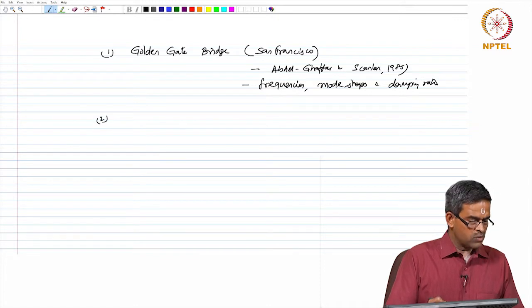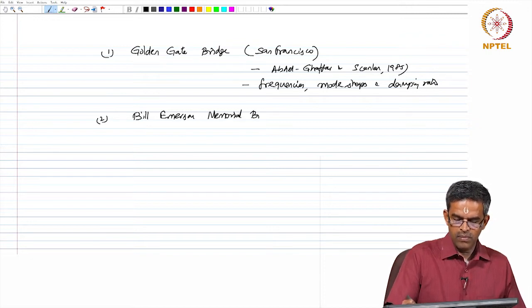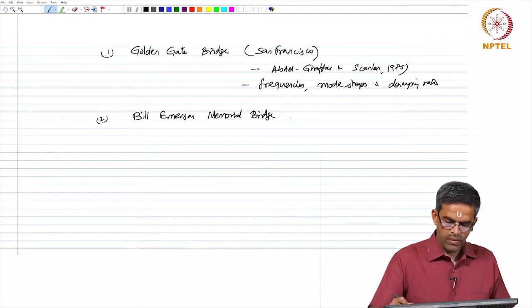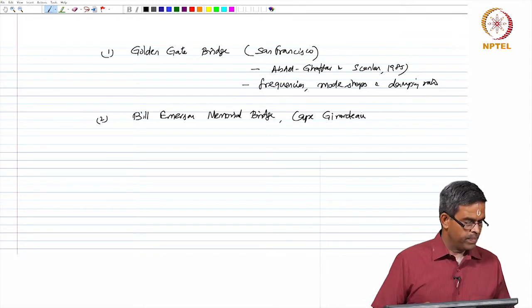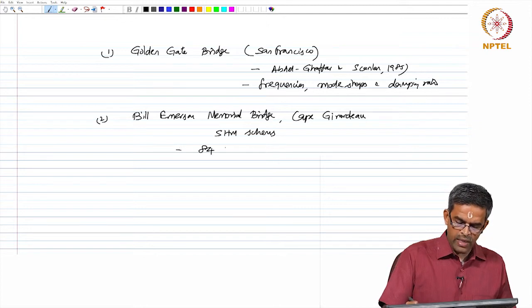The second application was also proudly presented in the Bill Emerson Memorial Bridge in Cape Girardeau. People have used a structural health monitoring scheme, which consists of 84 accelerometer channels.